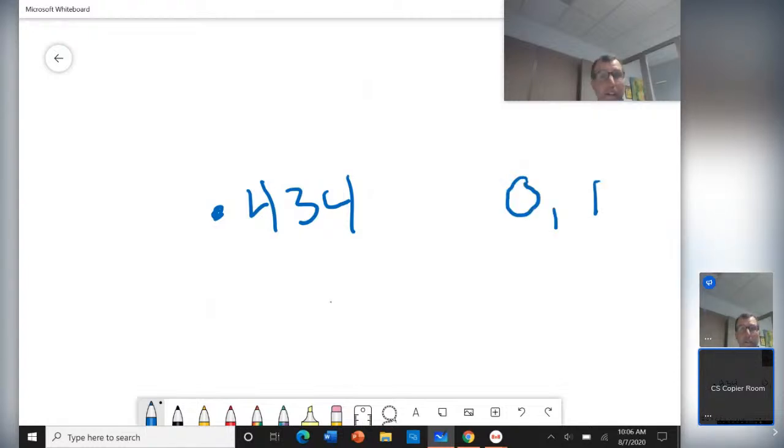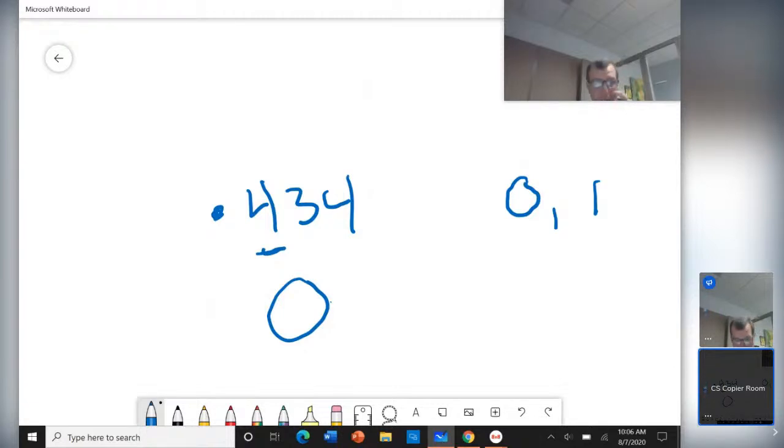And we know this 4 is less than 5. So if you round to a whole number, it's going to be 0, because that 4 is less than 5.